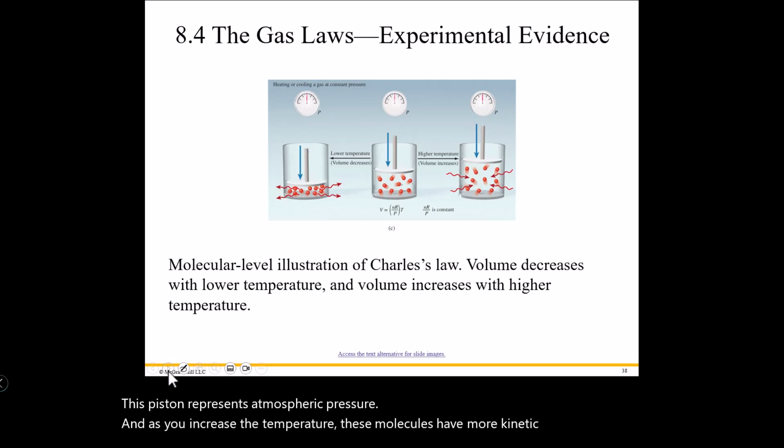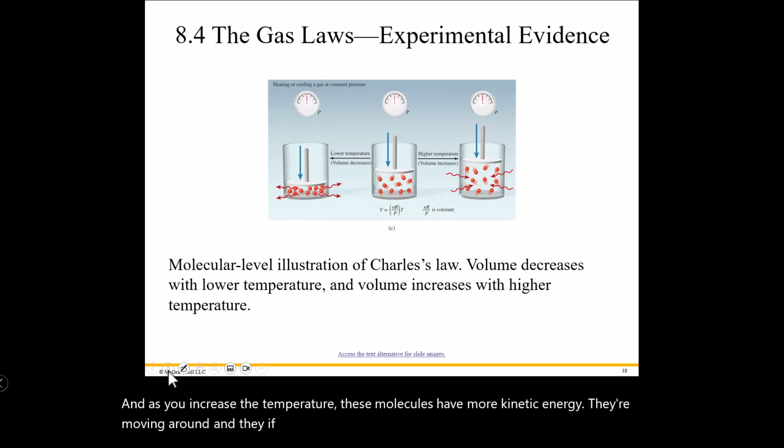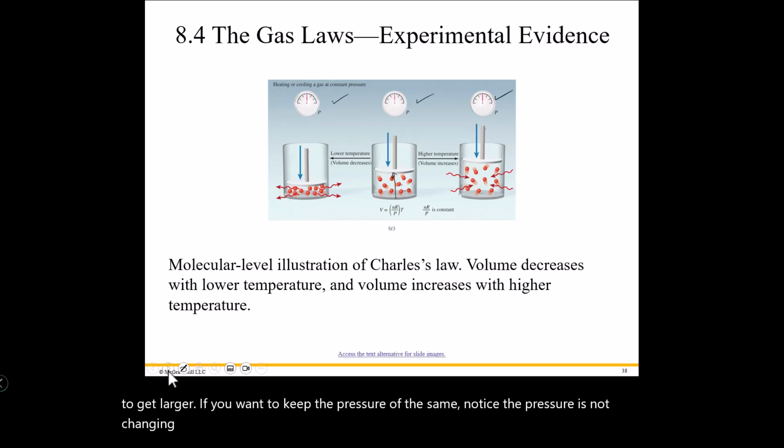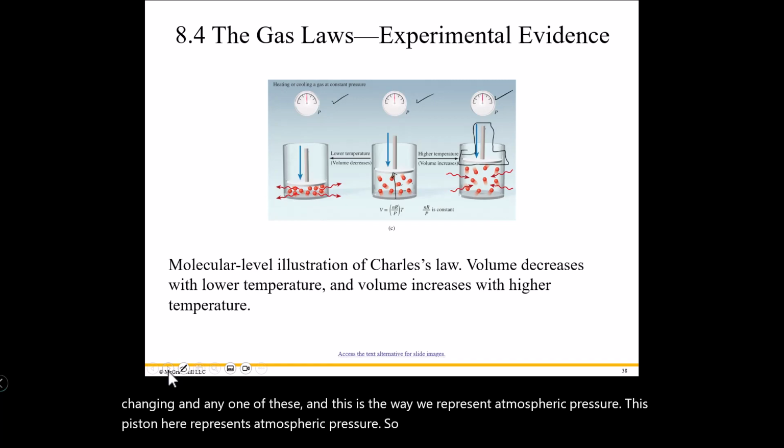They're moving around, and if you want to keep the pressure the same, then the volume has to get larger. Notice the pressure is not changing in any one of these. This is the way we represent atmospheric pressure.